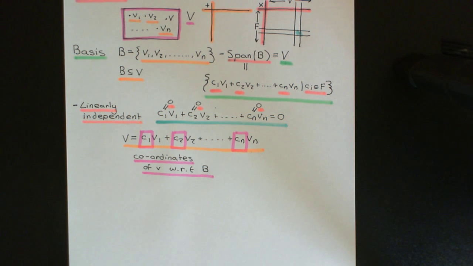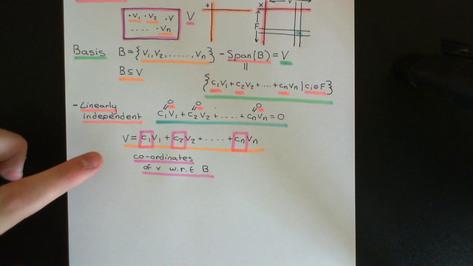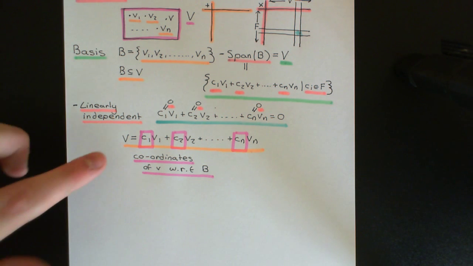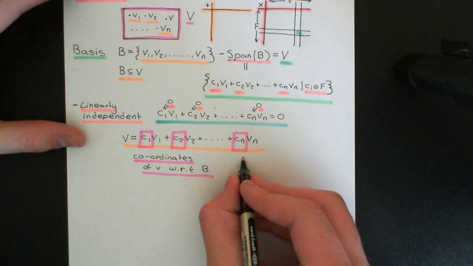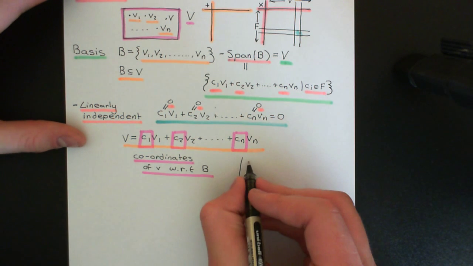Okay, right. Now the next concept is that you can construct a coordinate vector for this vector little v with respect to that basis. What you can do is put these elements of the field into a column or into a row, like so.